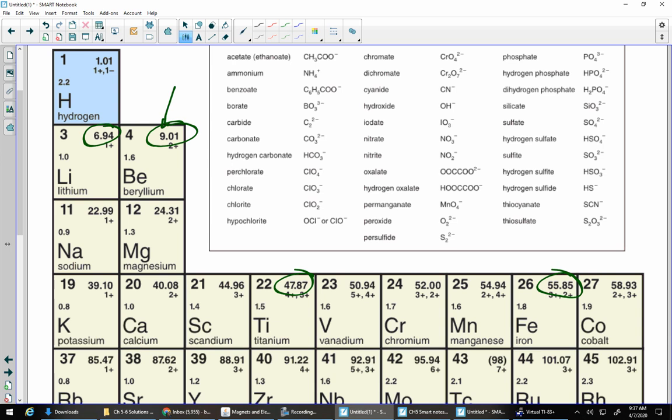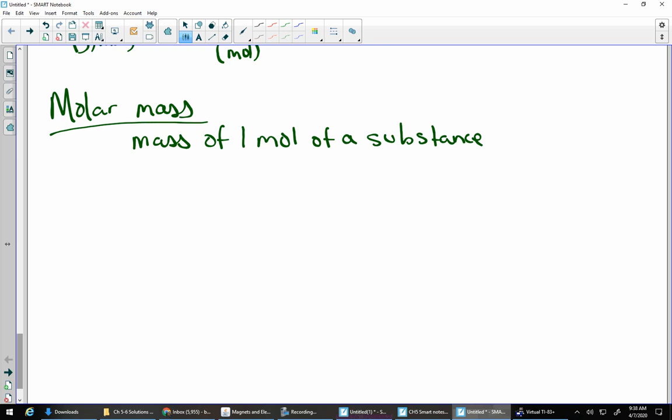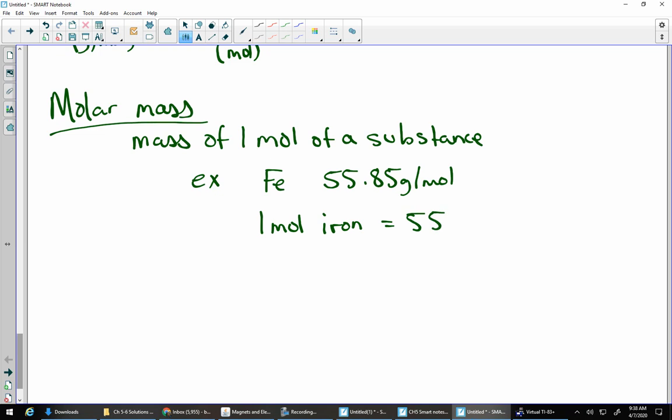And what that really means, going back to the correct sheet, is for iron, it was 55.85 grams per mole. What that really means is 1 mole of iron is the same thing as 55.85 grams of iron.